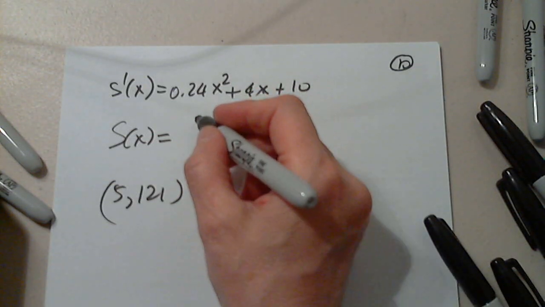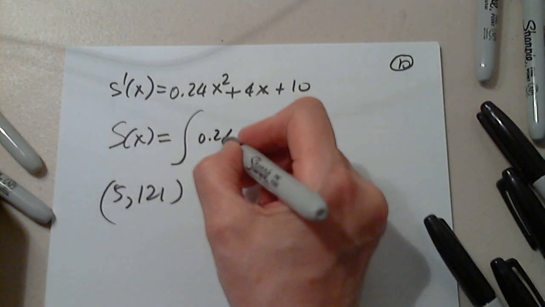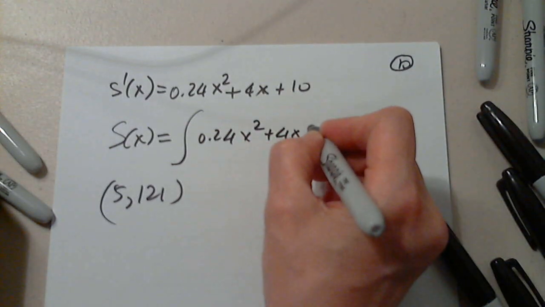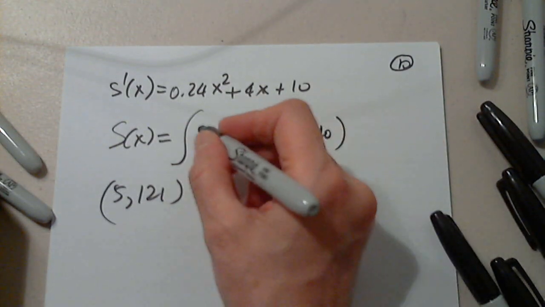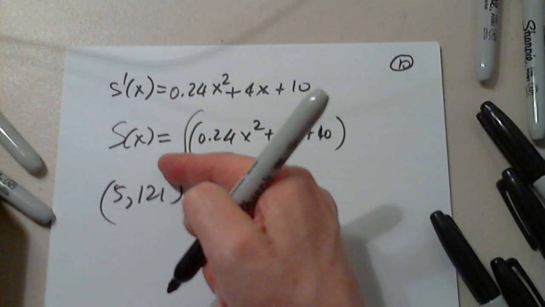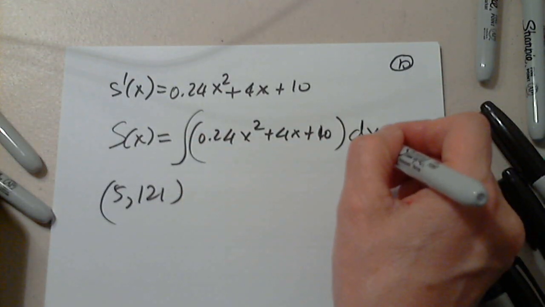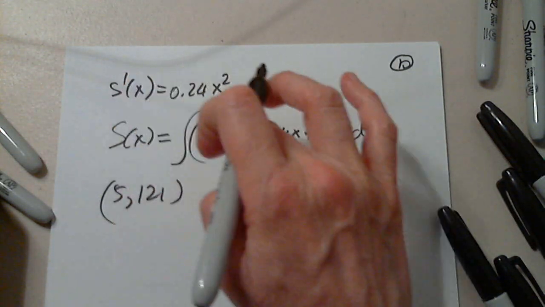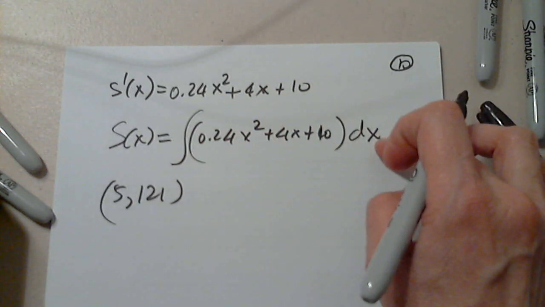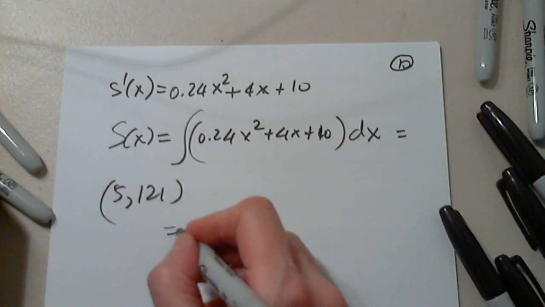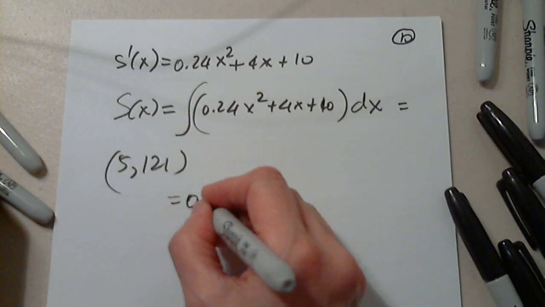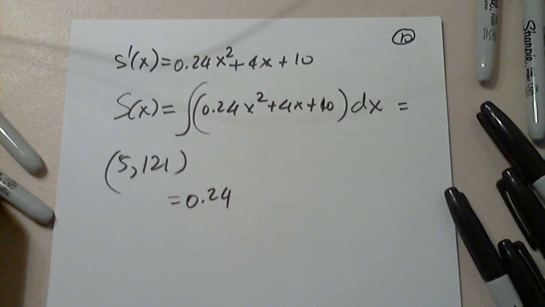So this is the indefinite integral of 0.24x squared plus 4x plus 10. Please remember this symbol does not exist without dx. So it's the integral of s prime of x dx. And please tell me what to write. The constant will wait patiently.